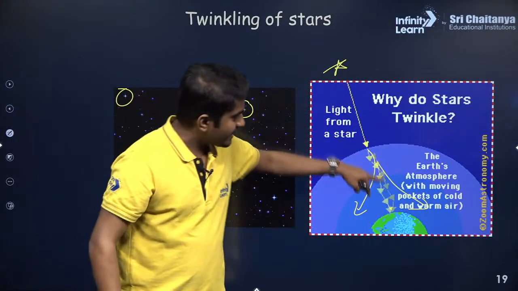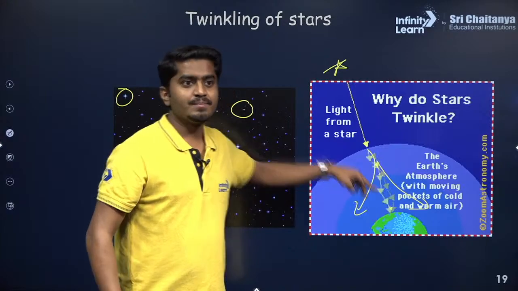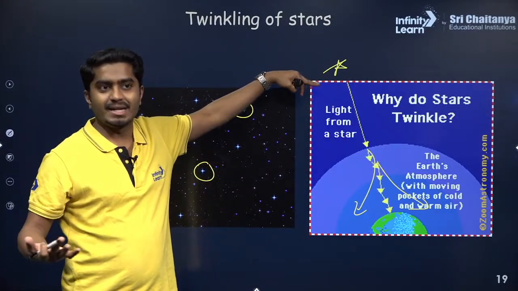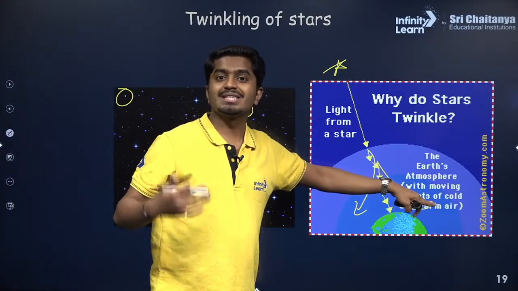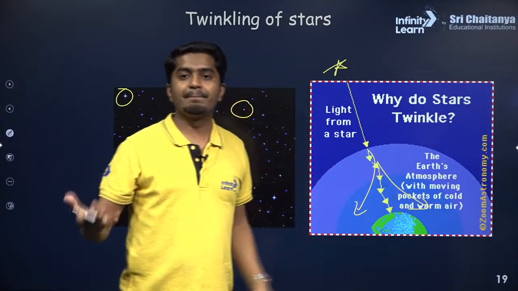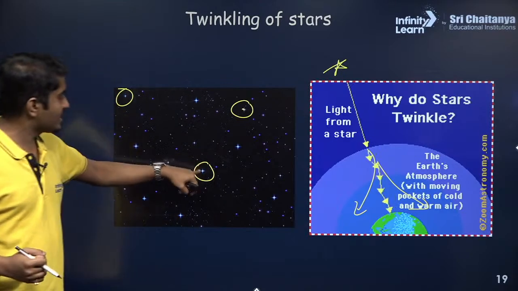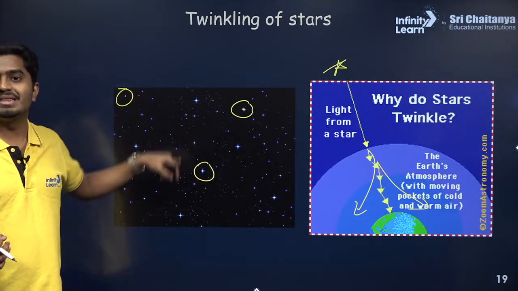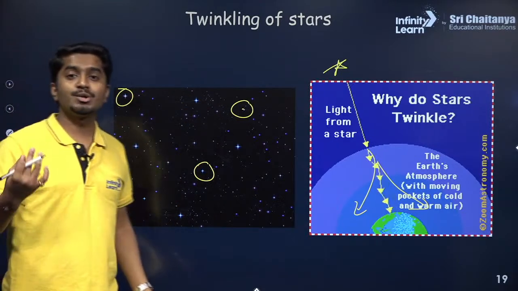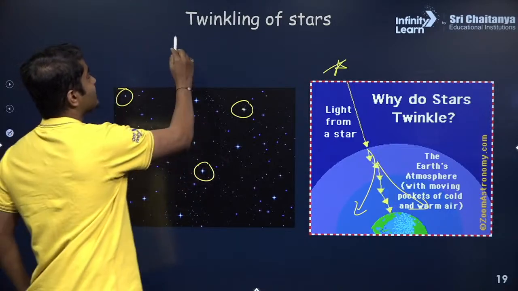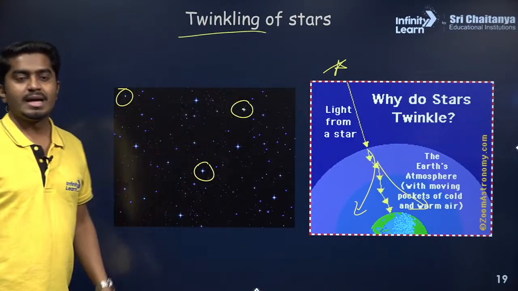When the light reaches the observer, the star appears brighter. If the light goes somewhere else, the star appears dim. That is the reason some stars or some objects in the sky have this twinkling effect.